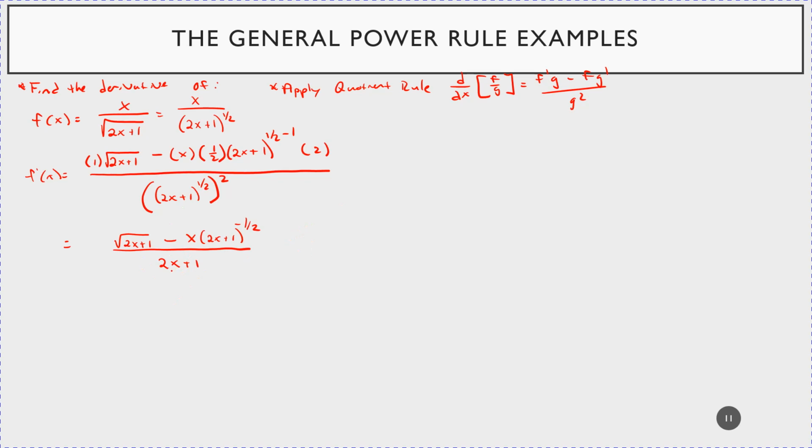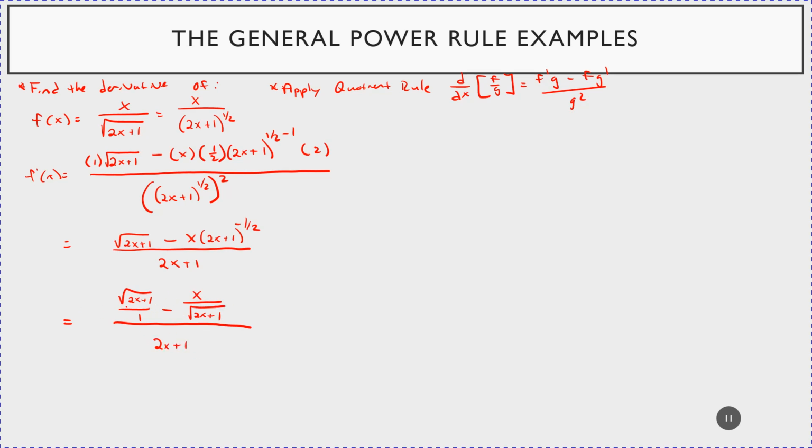We need to clean up the numerator here, so watch how I'm going to do this. I'm going to write this as the square root of 2x plus 1 over 1, minus x over the square root of 2x plus 1, all over 2x plus 1. I'm going to get a common denominator.